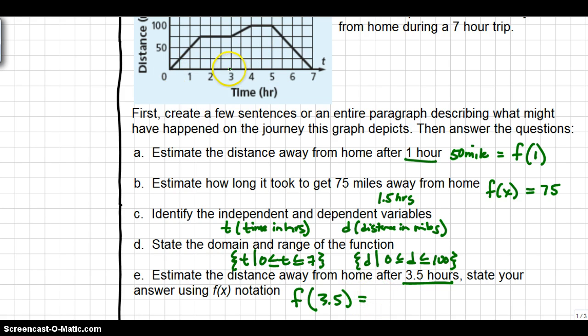So if we go over to 3.5 and read what the graph says there, it's going to be somewhere in between 75 and 100. So an appropriate answer there would be something like 80 or 85 miles. And since we did approximate there, we're going to go ahead and use the squiggly equal sign, or the approximately equal to symbol.